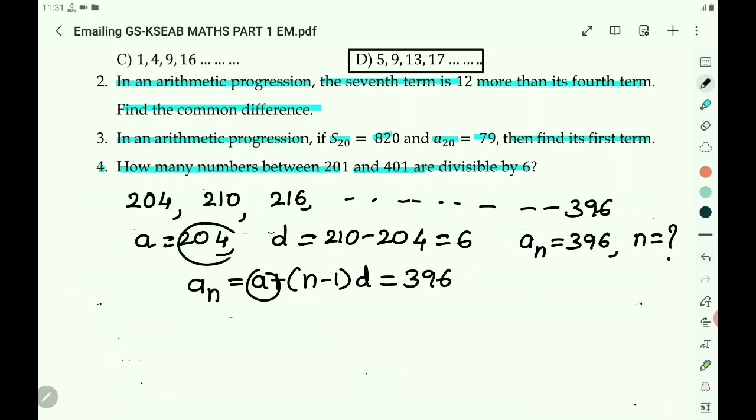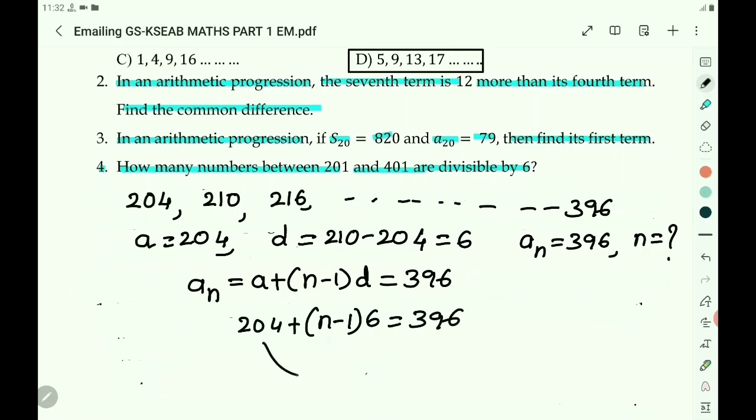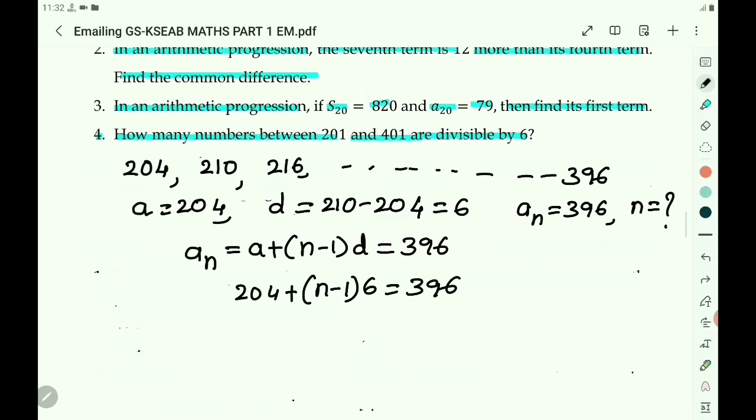A is 204 plus n minus 1, d is 6, equals 396. Transfer this to the RHS. Write n minus 1 into 6 in the LHS. n minus 1 into 6 equals 396 minus 204.